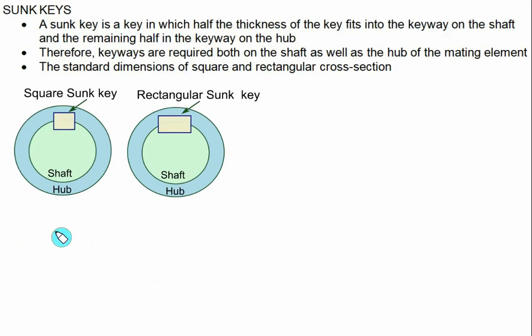Here also the power is transmitted due to the shear resistance of the key. The relative motion between the shaft and the hub is also prevented by the shear resistance of the key, and the sunk key hence is suitable for heavy duty applications since there is no possibility of the key to slip around the shaft. These keys are further classified as the rectangular sunk key, which has a rectangular cross section, the square sunk key, as well as the parallel sunk key, jib head key, feather key and the woodruff key.